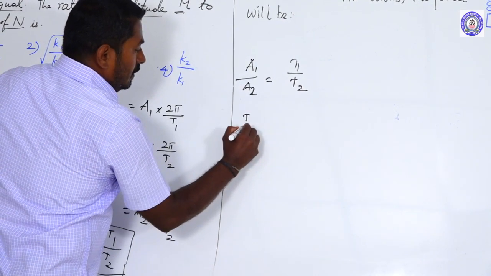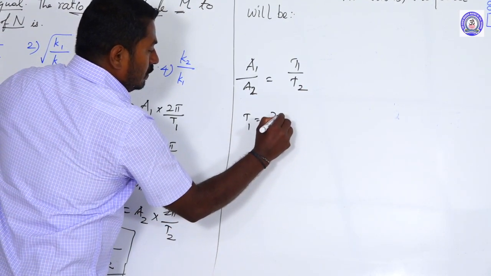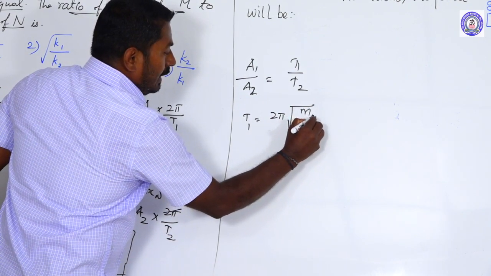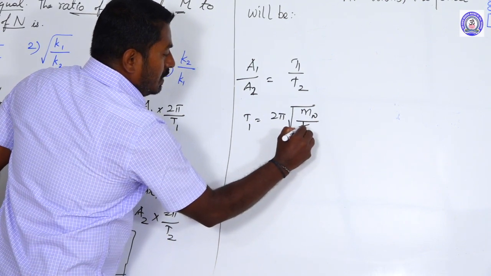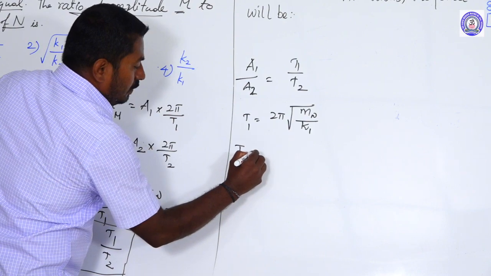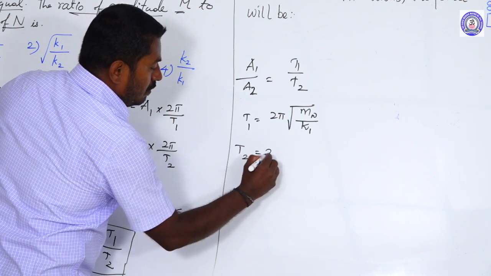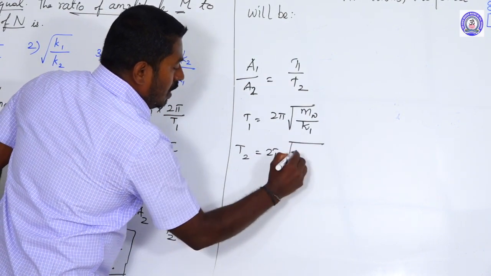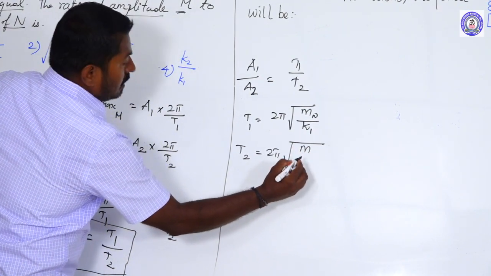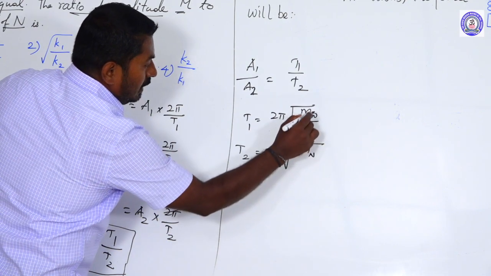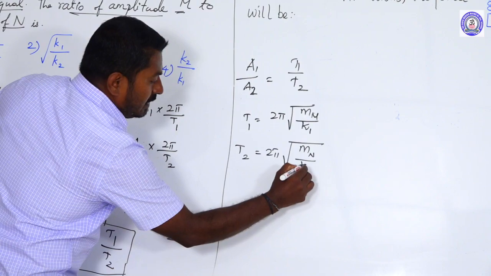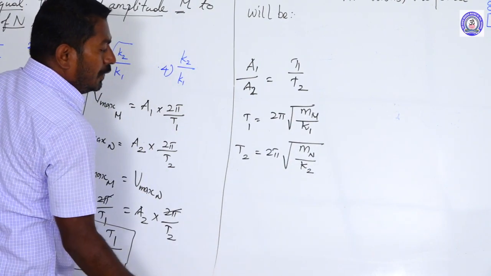Here t1 is equal to 2 pi square root of mass m divided by spring constant k1. Then the time period of oscillation t2 is equal to 2 pi square root of mass n divided by the second spring constant k2.